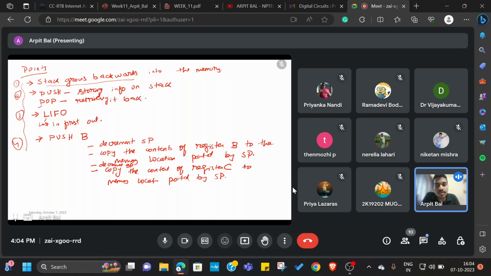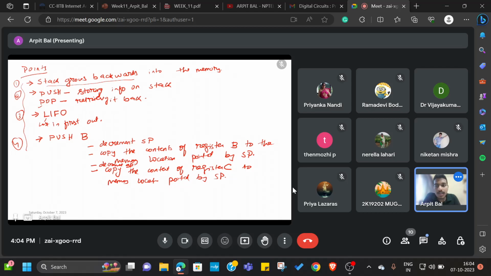Push is used to store content into the stack, whereas pop is used to retrieve the content back from the stack. The behavior of the stack is last in, first out. So whatever is entered last into the stack will be the first thing expelled from the stack after the pop operation.